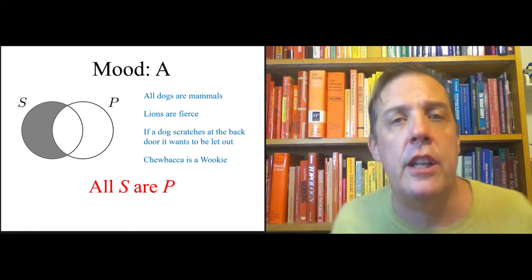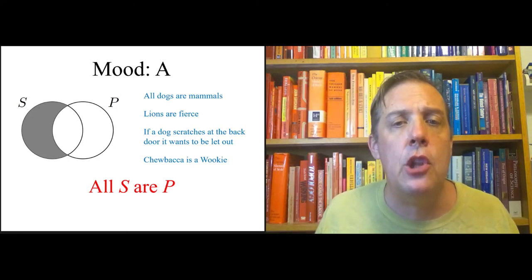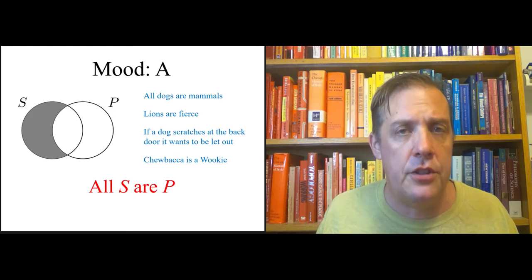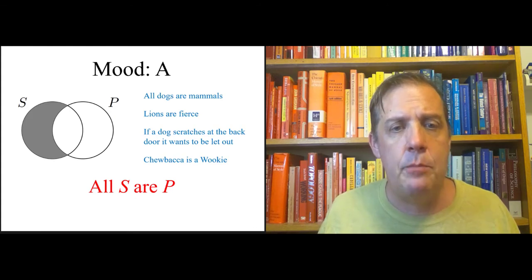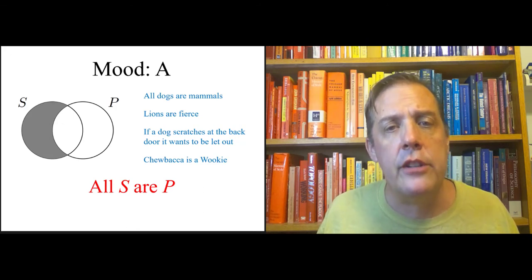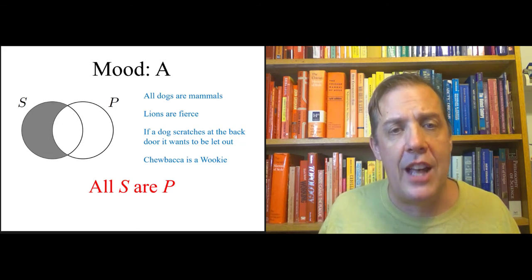And what we found is that a surprisingly large number of English sentences can be put in this box. They all ultimately function like statements that say all S are P. A sentence like all dogs are mammals works that way.